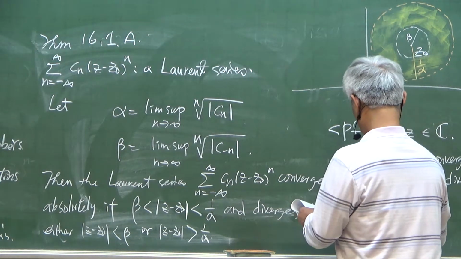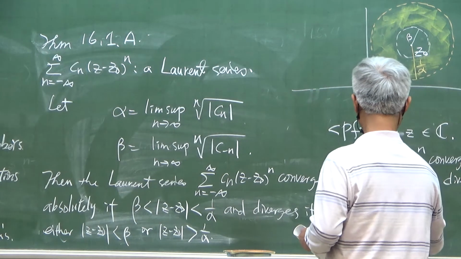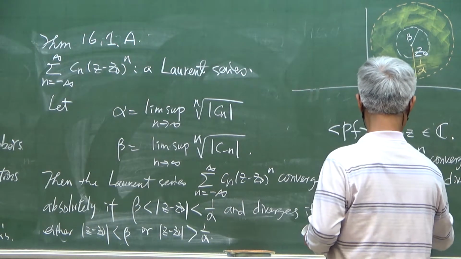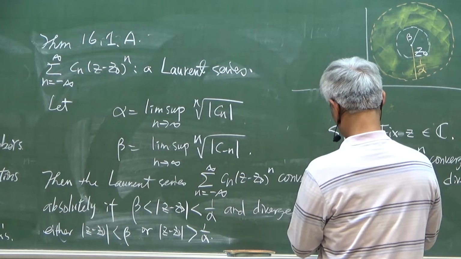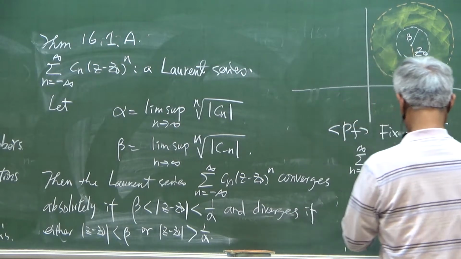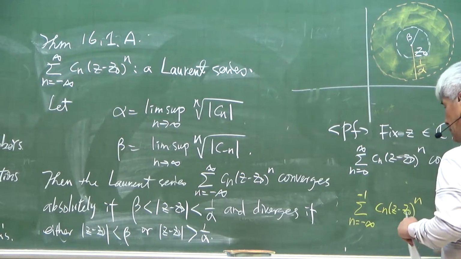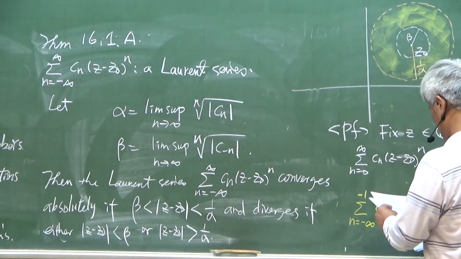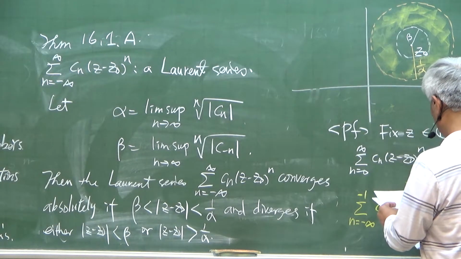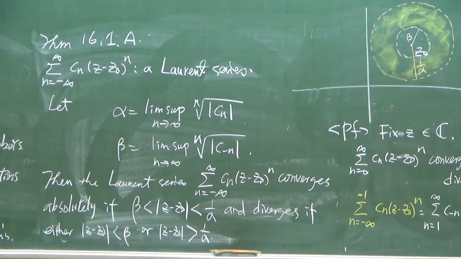The other thing is the sum from minus 1 to minus infinity of c_n (z minus z0)^n. Okay? So we can change this one and express it by this one, right?